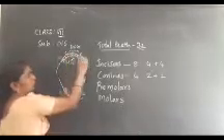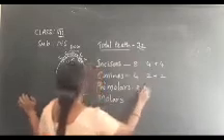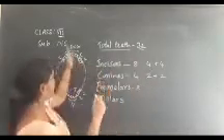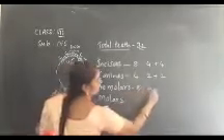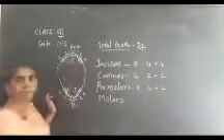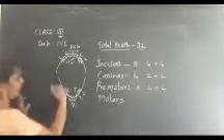Total 8. 8 premolars are present. So 2 quadrants, 4, 4. So that is 4 plus 4. 8 premolars will be seen in the lower jaw and upper jaw.